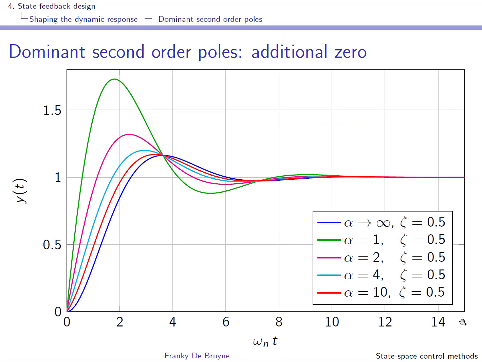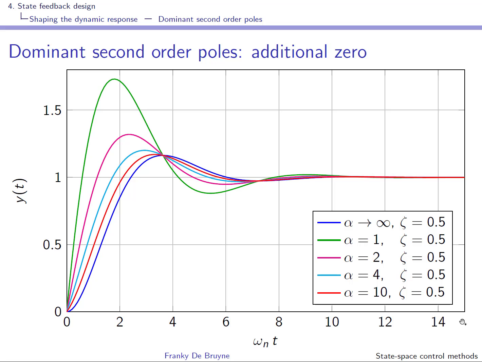In the present study, we have taken zeta, the damping ratio, equal to 0.5, and we have looked at different cases of alpha to study the presence of an additional zero. And as you can see, there is really a large influence on the overshoot.